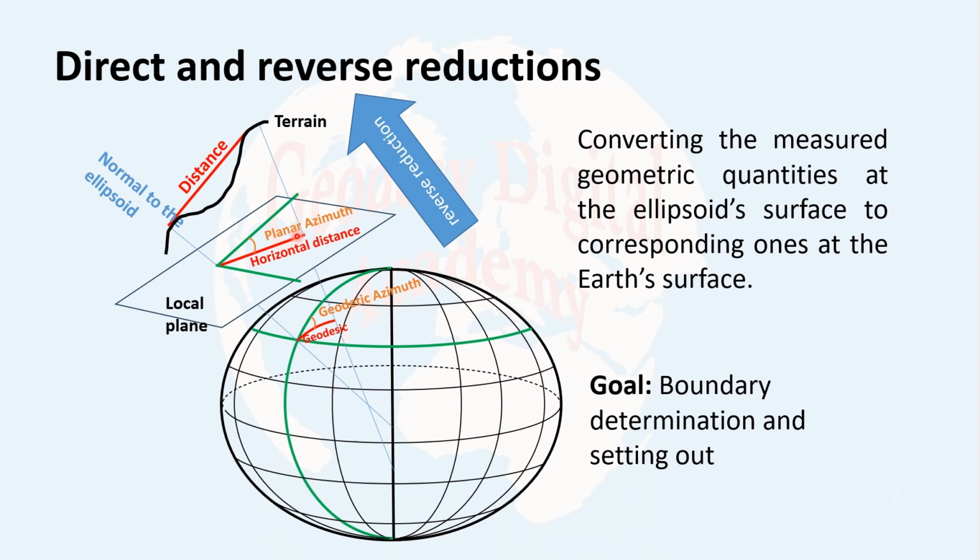Or if we want to determine the boundary between two lands or two countries, this is done by these reverse reductions. First, the boundary is specified at the surface of the ellipsoid, and after that, we should see how this boundary is in the real world or at the surface of the Earth. Therefore, we have to perform all the process in the reverse form to come back to the real Earth or the Earth surface.